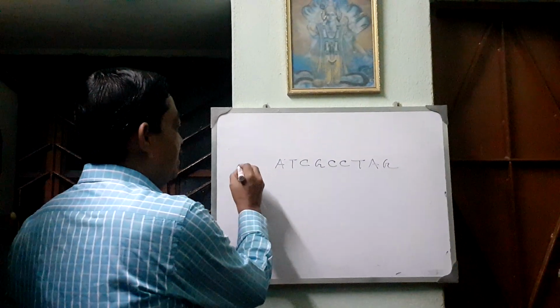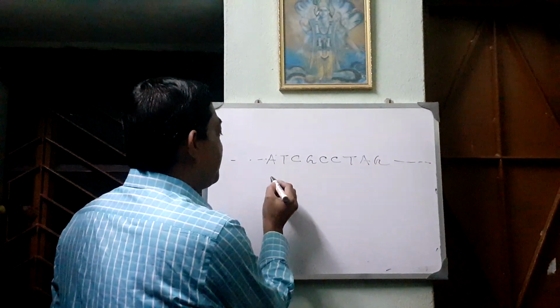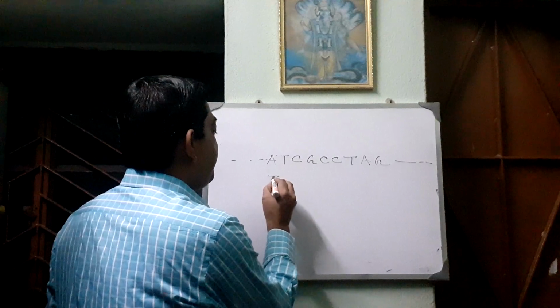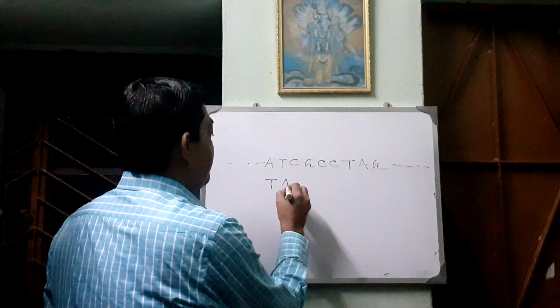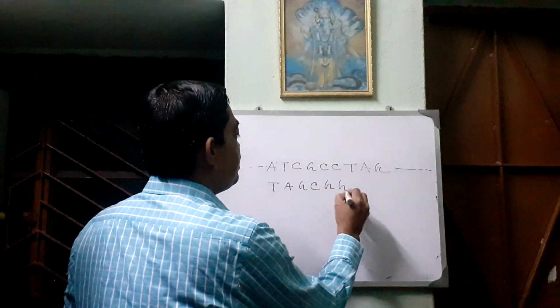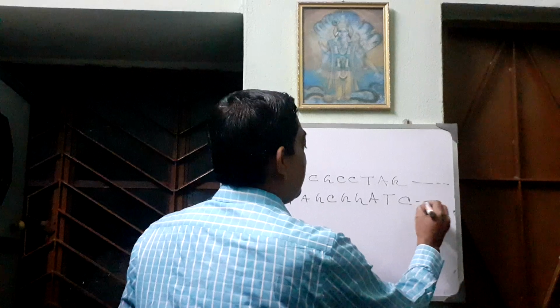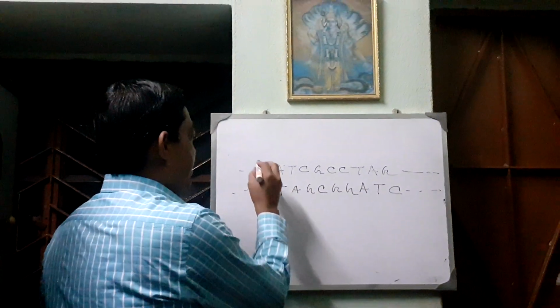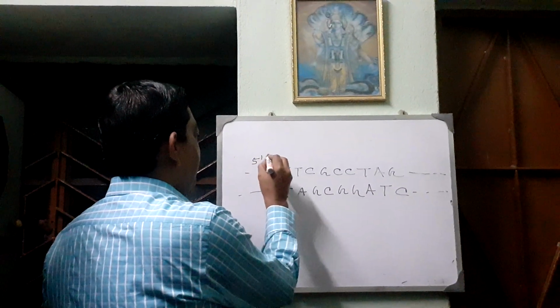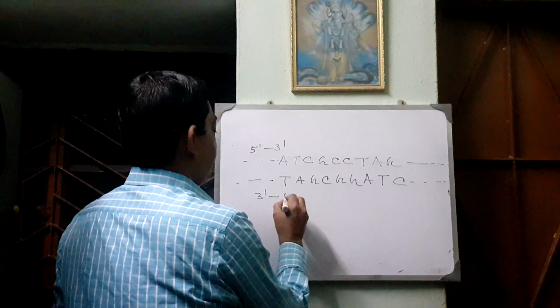One strand will be like that, and the other strand will be complementary to it: T, A, G, C, G, G, T, A, T, G, C. One strand runs 5 prime to 3 prime, and the other 3 prime to 5 prime.